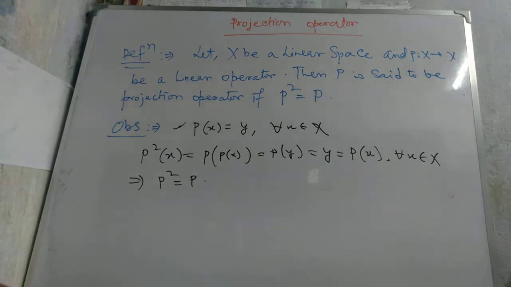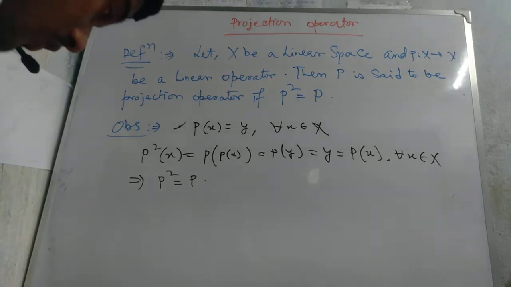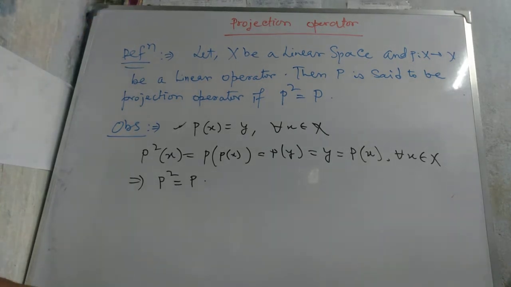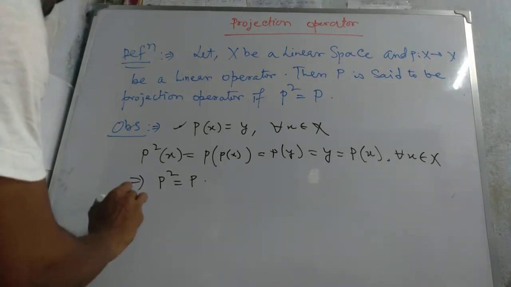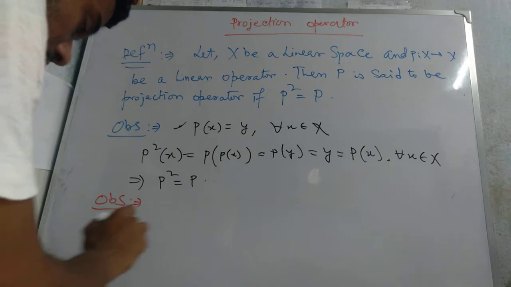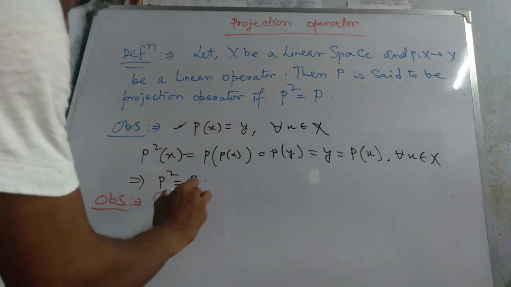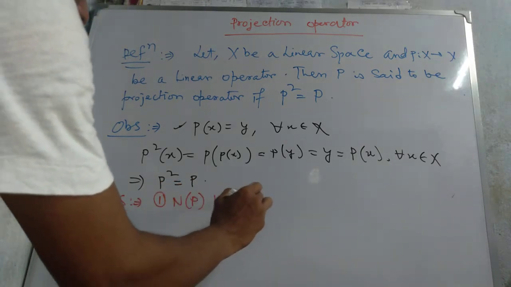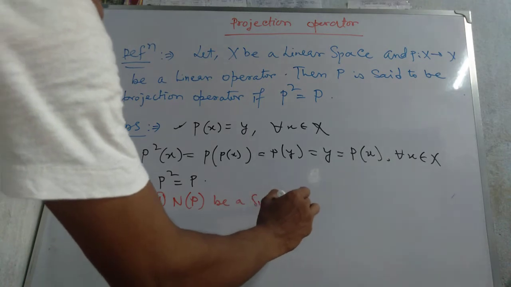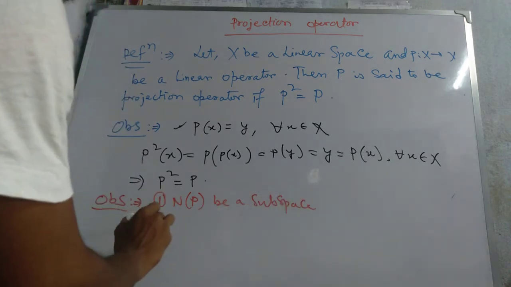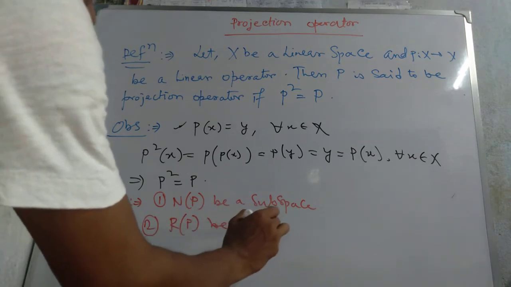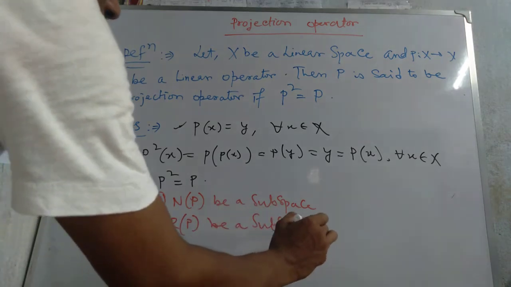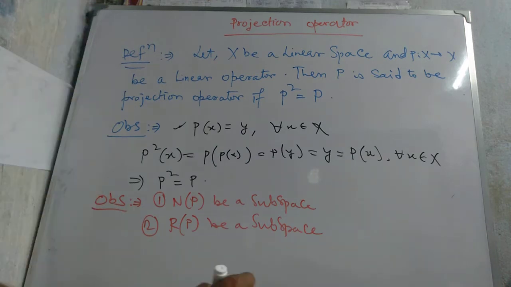Next we discuss also some observations. First we show that N(P) is a subspace, and second R(P) is a subspace. We also discussed this in the previous class.